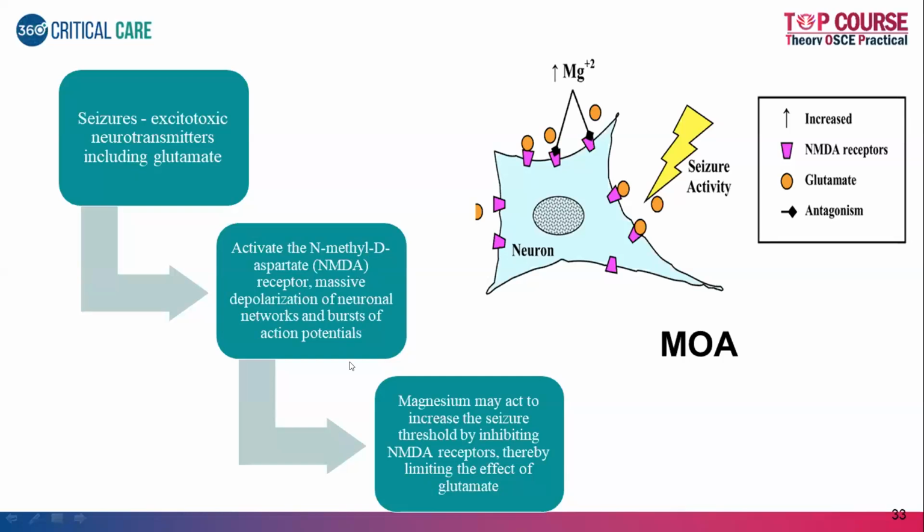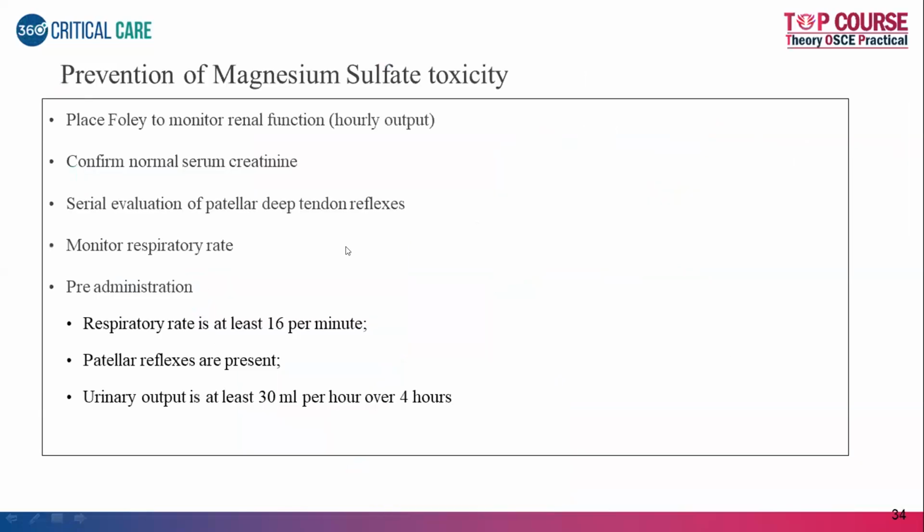So indirectly it is acting on glutamate by inhibiting the NMDA receptors. That is the mechanism of action of magnesium sulfate.